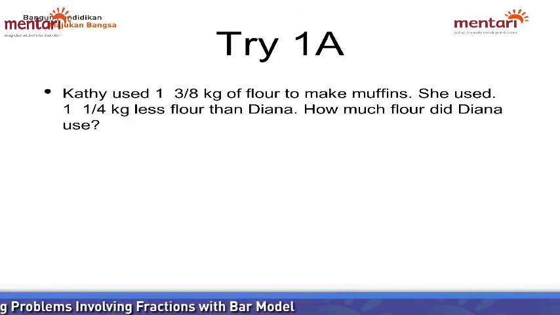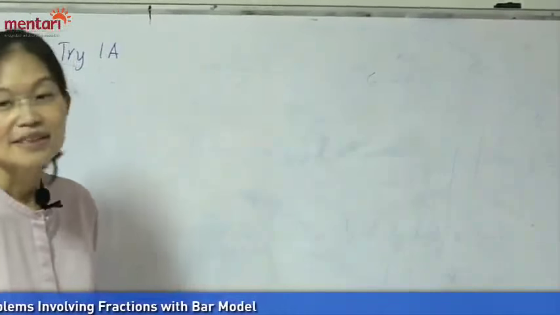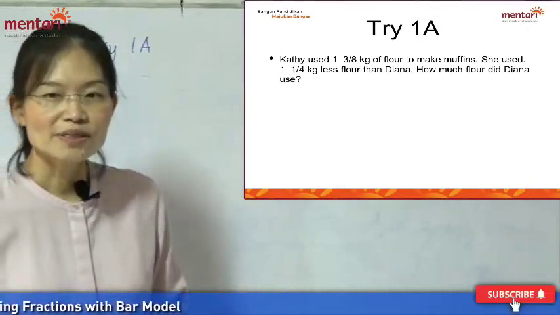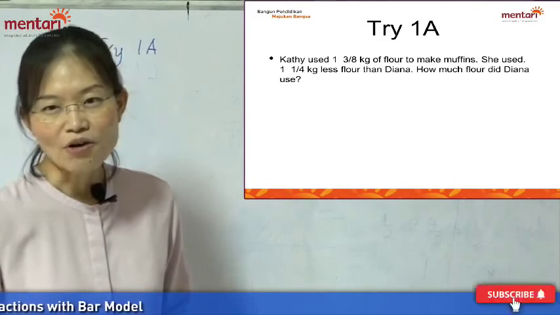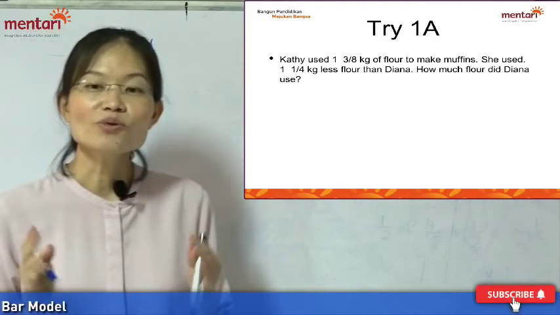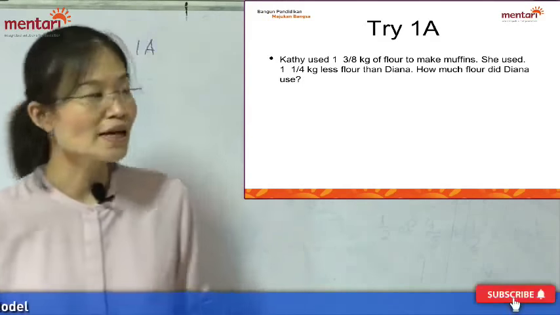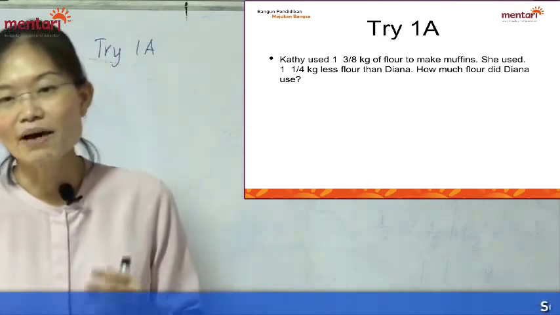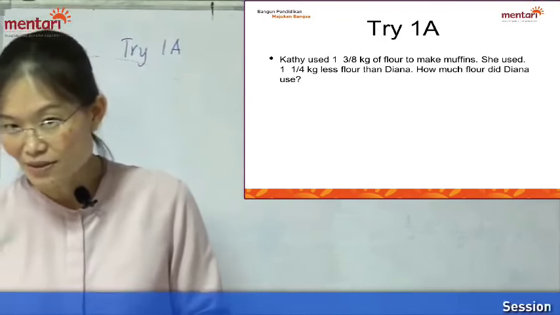We have Kathy here, and we have Diana here. Each of them used a certain amount of flour. Therefore, we will use two rectangles. Each represents the amount of flour that Kathy used and the amount of flour that Diana used.